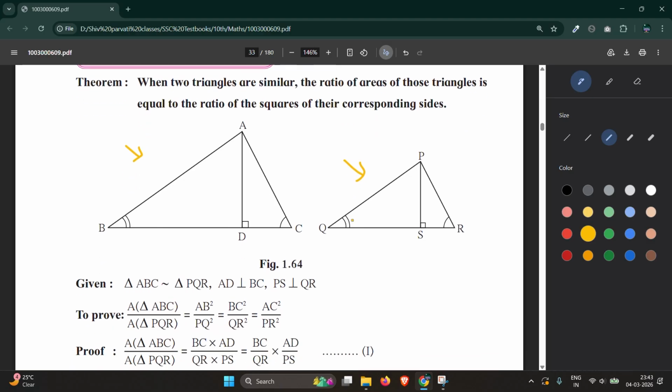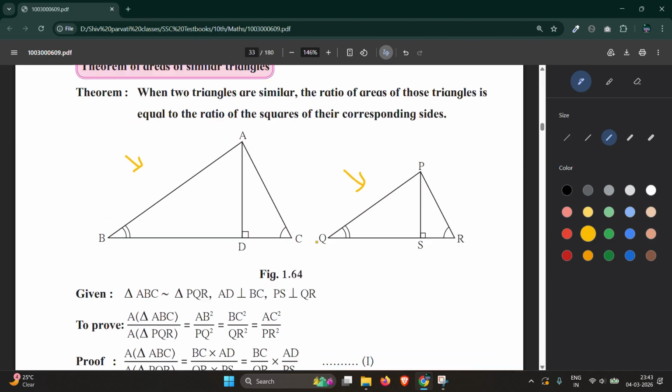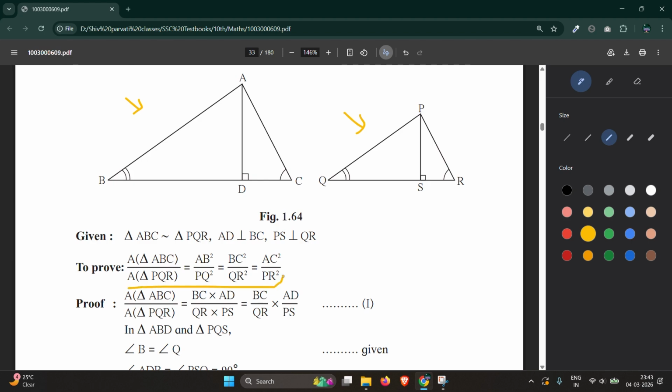If that is the case, then the areas of these two triangles are in the ratio of the squares of any two corresponding sides. This is the statement of this theorem.